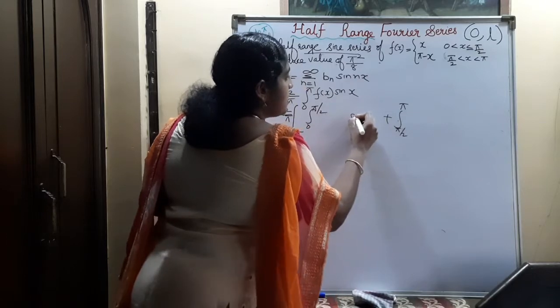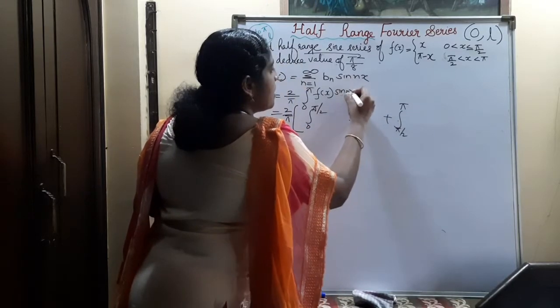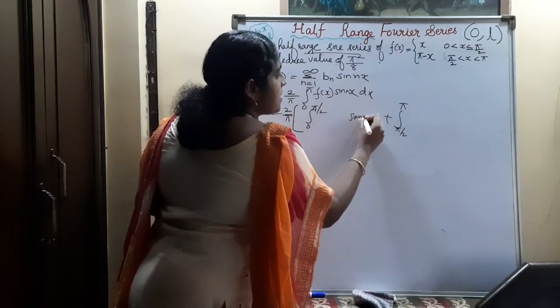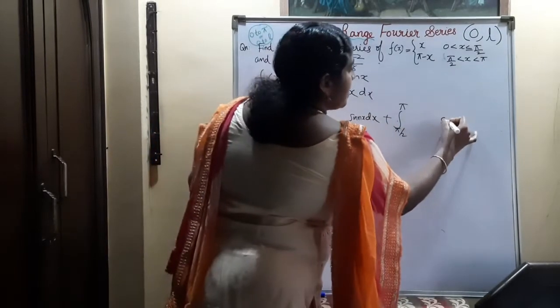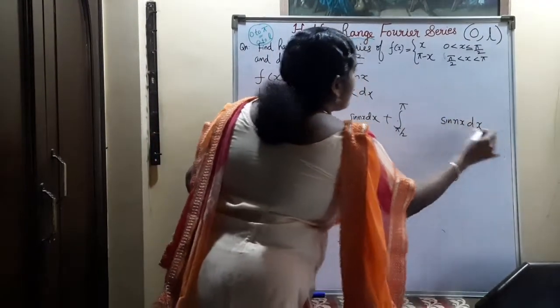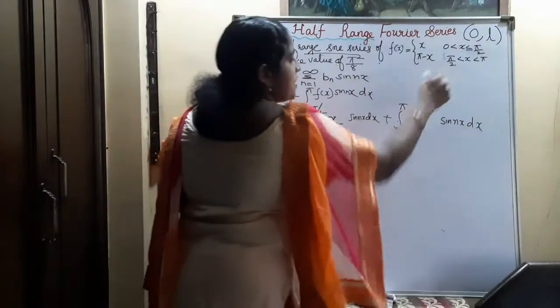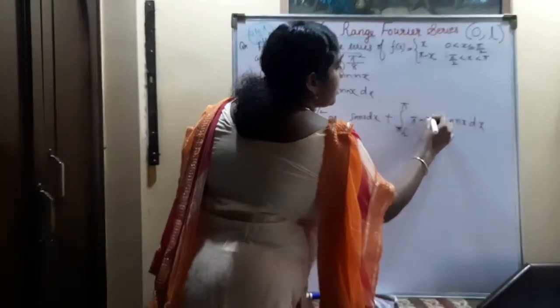In the first it is x sin nx dx, and from pi by 2 to pi it is pi minus x.